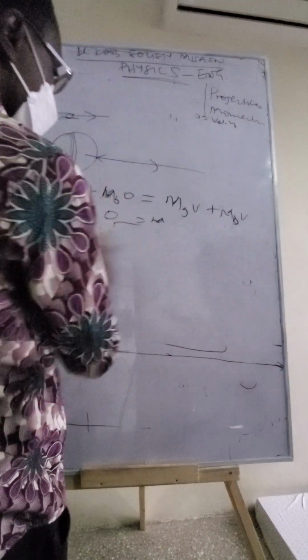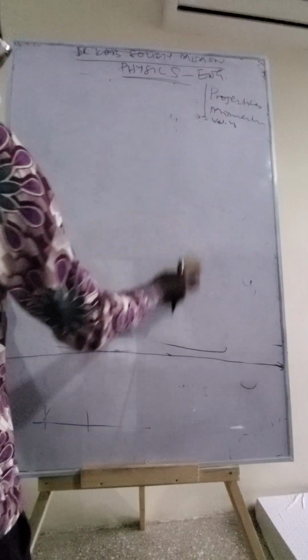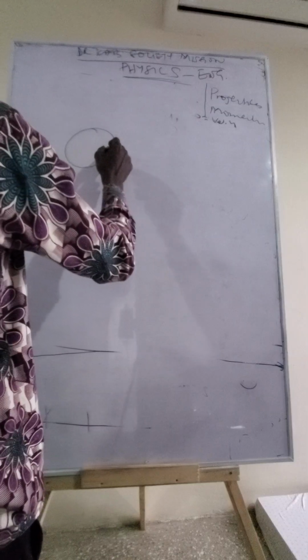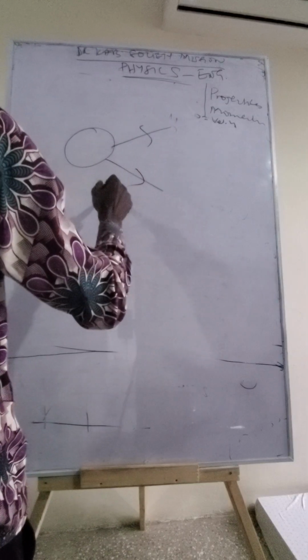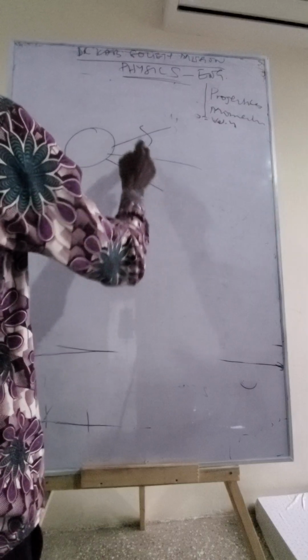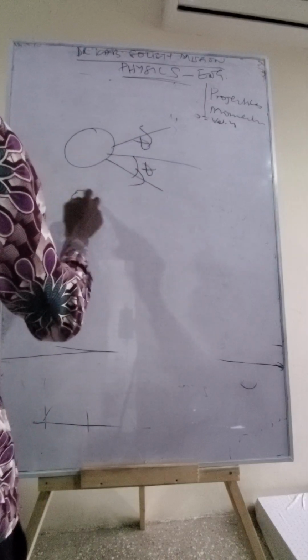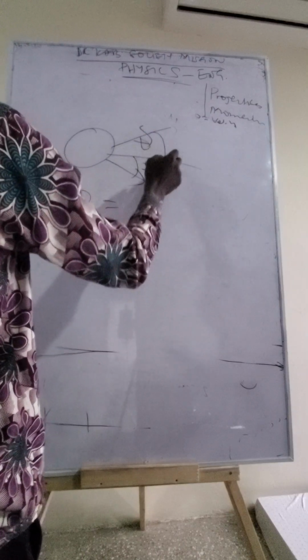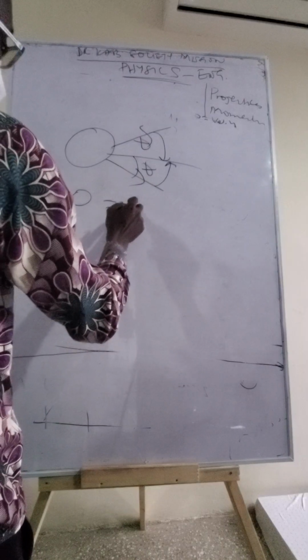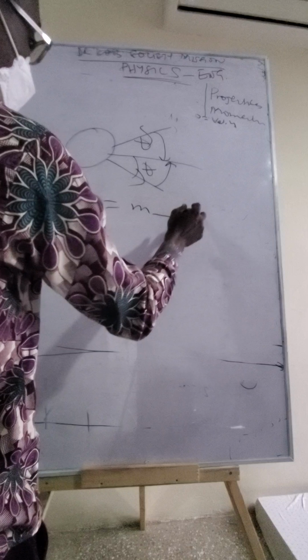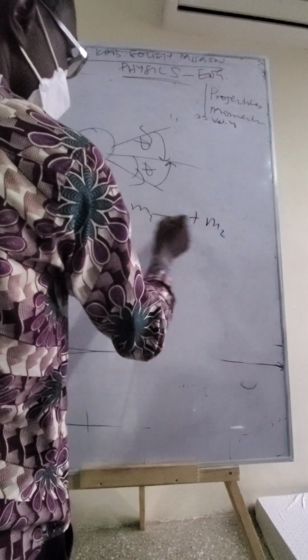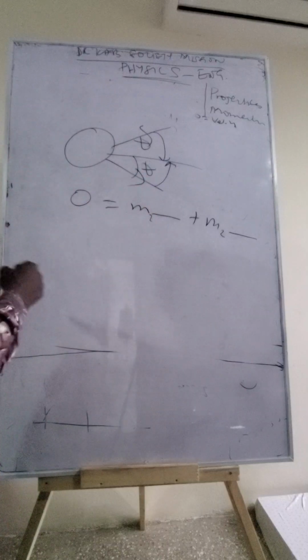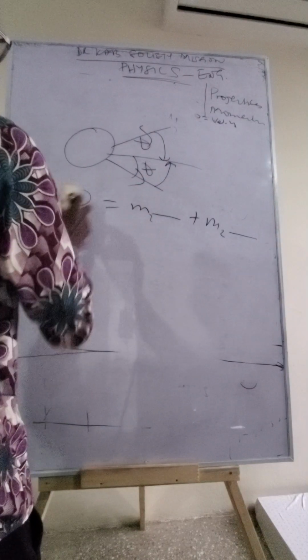Let's look at another one. If you have this, let's say there is a blast, this goes that way, this goes that way. Remember, you have to resolve them. So initial is 0. You resolve this one in this direction, resolve that one in that direction, and then of course your masses times their changes in velocity.